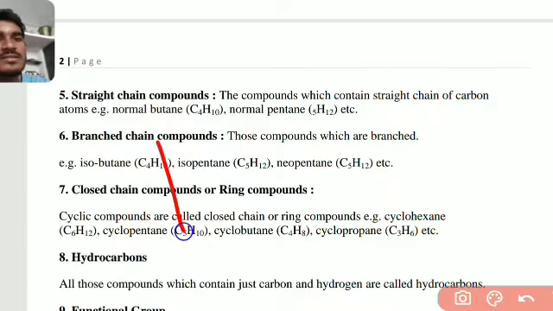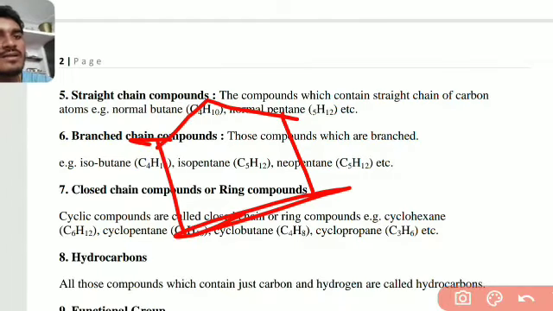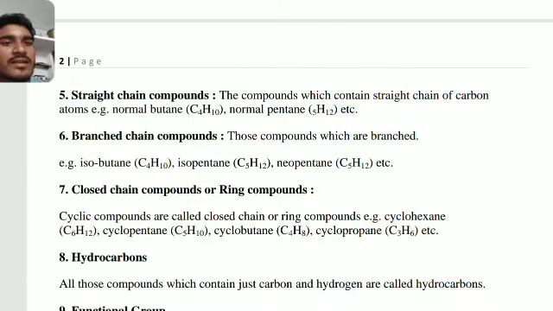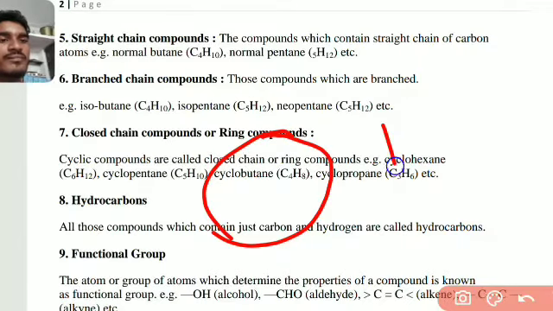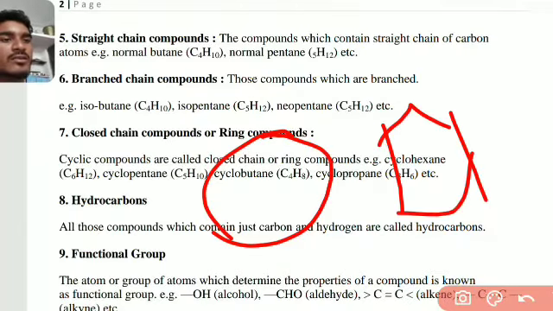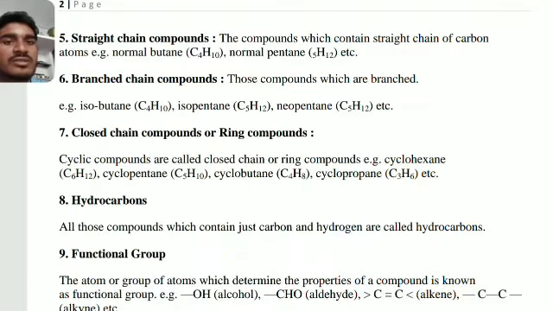It may be, this is a pentane, here bond, here hydrogen bond, or carbon and hydrogen. Okay, this is cyclopentane. Cyclo means cyclic, this ring-like form or ring-like structure we call cyclic. Okay, cyclic compounds, these are closed chain compounds, ring example.